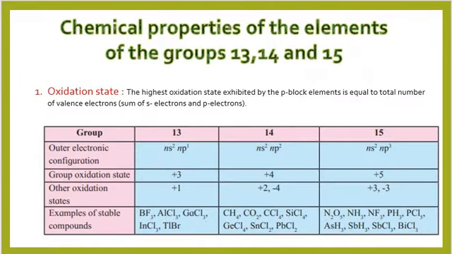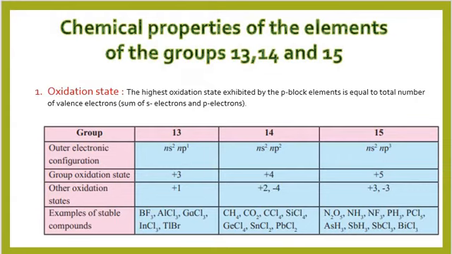Now, chemical properties of elements of group 13, 14 and 15. The first and foremost chemical property is their variable oxidation state. Oxidation state is the primary chemical property of all the elements.